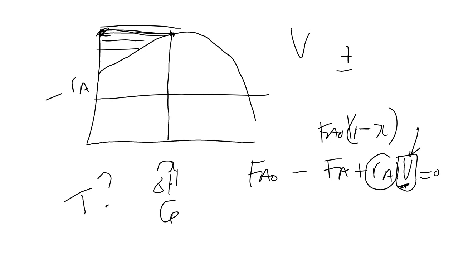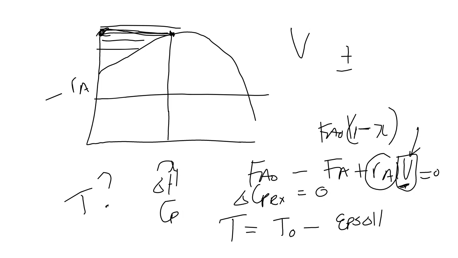In order to solve that, you had to realize that because del CP of the reaction is 0, I get this linear energy balance, where temperature is equal to temperature naught minus epsilon times del H reaction, divided by, of course, everything that comes in.